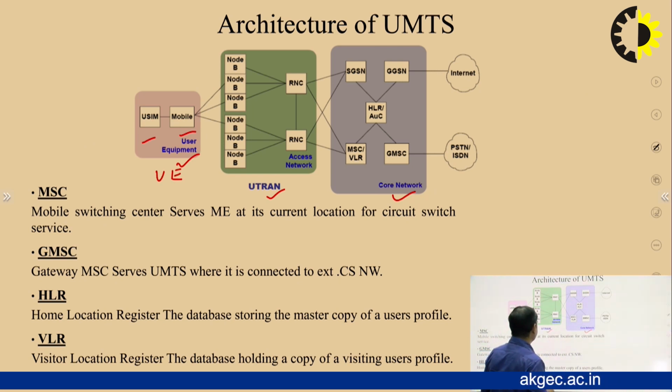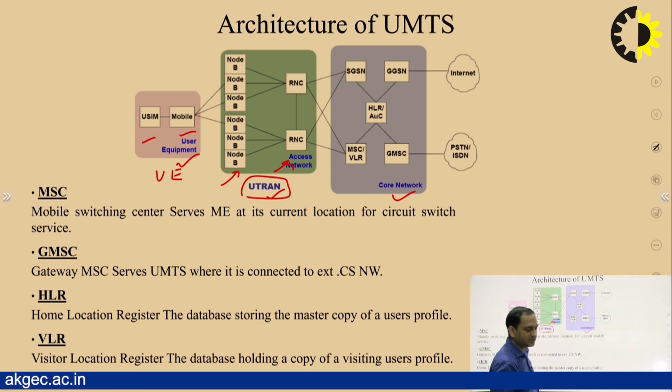Then we have UTRAN. I will discuss the UTRAN in the upcoming slide. This is the central part of the UMTS architecture. Here the UTRAN comprises the Node Bs and the RNCs.